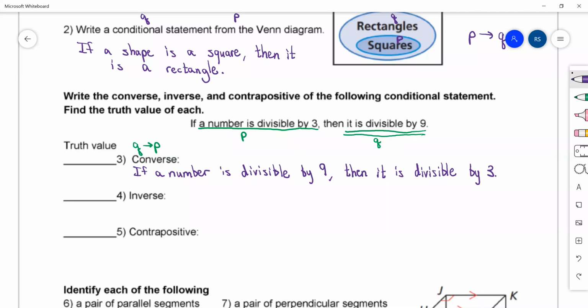Okay, so now let's look at the inverse. So which one's the inverse? That's where we say no to everything.